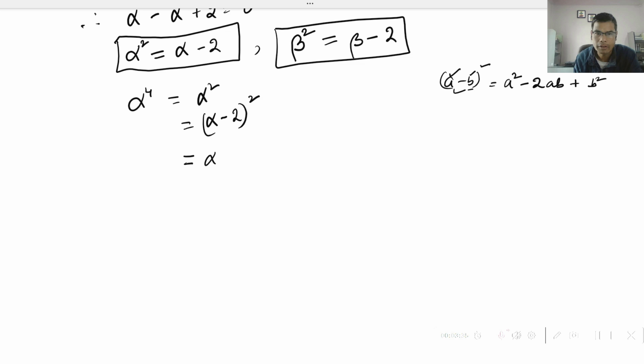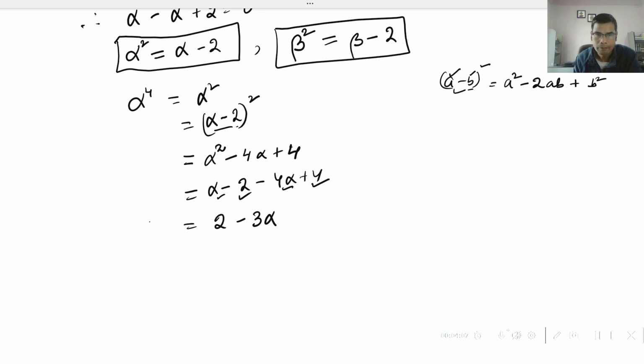So the square of the first term is alpha square, minus 4 alpha, plus 4. If we substitute alpha square as alpha minus 2, we get alpha minus 2 minus 4 alpha plus 4. Combining, minus 2 and 4 is 2, and alpha minus 4 alpha is minus 3 alpha.